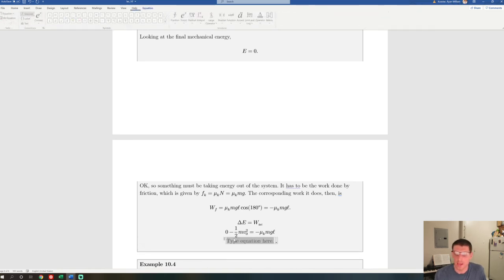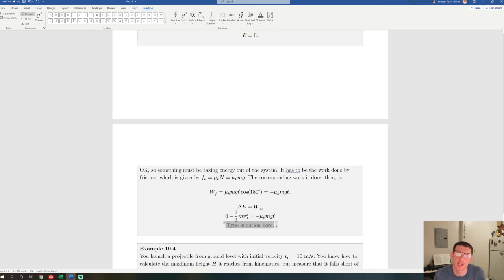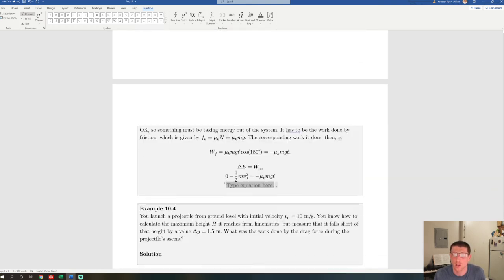And so we can do some things here. We can cancel the m's, right, because they're common to both sides. So we could just think of dividing both sides by m, and the masses go away. So it turns out that I didn't actually even need to give you the mass here, which is kind of interesting, I think.